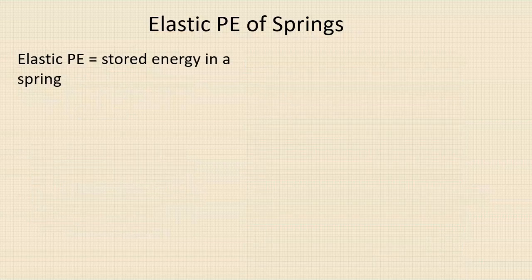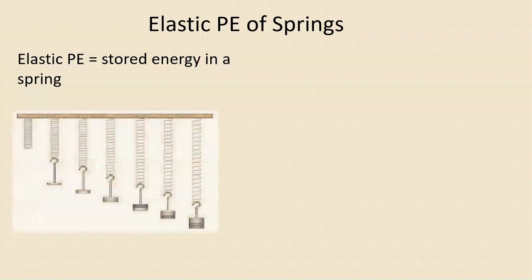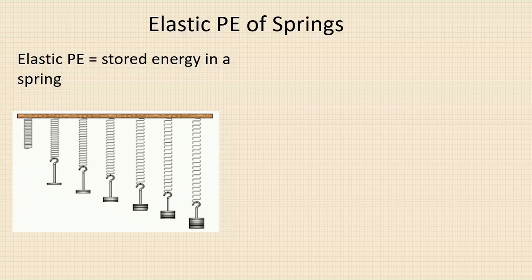Alright, so we want to look specifically then at the stored energy that is in the spring. We use Hooke's law to find the strength of the spring. So we'll actually look at an experiment which simply shows some consecutive events that have taken place. We have a spring that has a little load hanging on it, and each of the consecutive loads is a little bit heavier than the previous one.